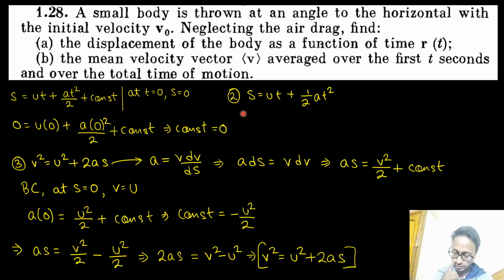The notable point I'm making with this derivation is that whenever you apply these three formulas, the time always starts from 0 and the displacement always starts from 0. That means initial time is always 0 and the initial position is always 0. So at t equals 0, s equals 0, and velocity is equal to initial velocity, or velocity is equal to u.